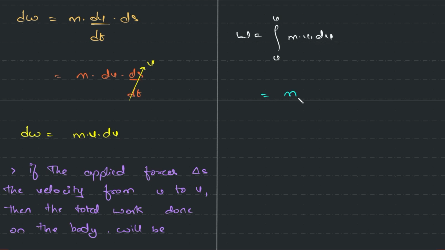So m is constant, v is what is changing, so this will be v square by 2, from u to v.